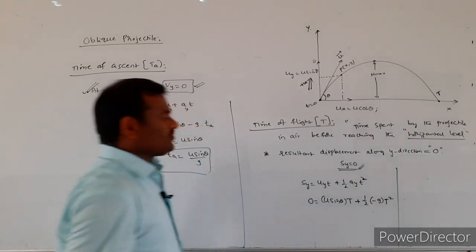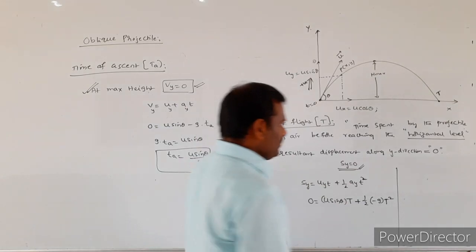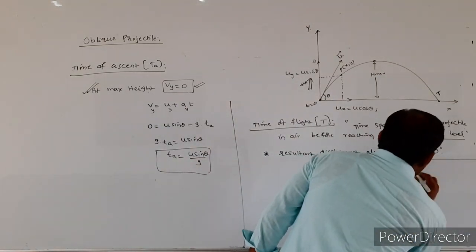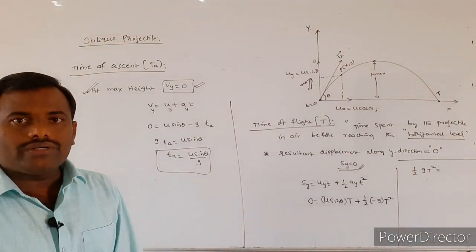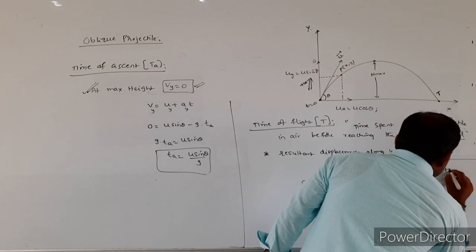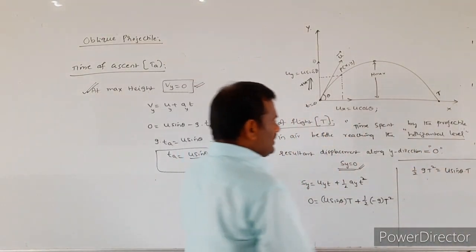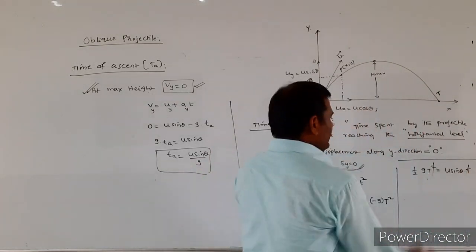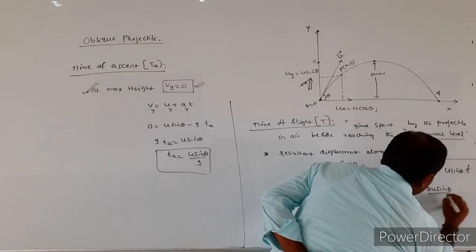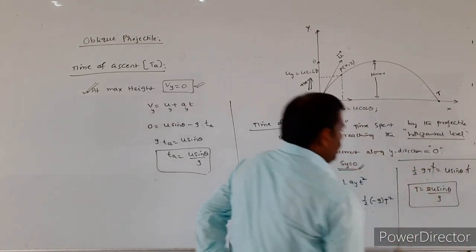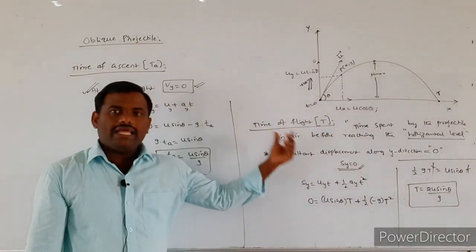Now this term comes to the left side and becomes positive: half into g into T square is equal to U sin theta into T. T cancels, and we require the T value. So T is equal to 2U sin theta by g. That is the expression for time of flight.